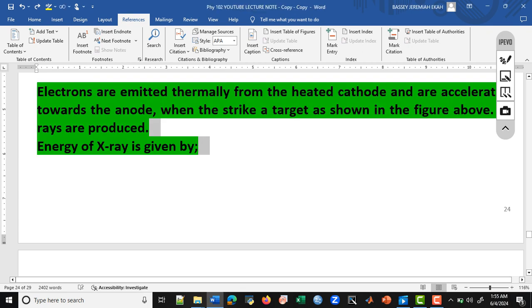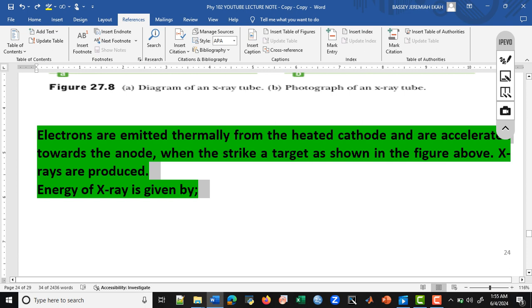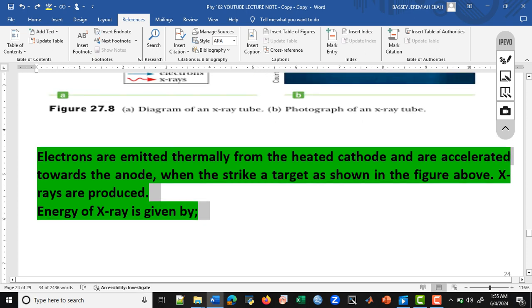Electrons are emitted thermally from the heated cathode and are accelerated towards the anode. When they strike a target, as shown in the figure above, X-rays are produced.